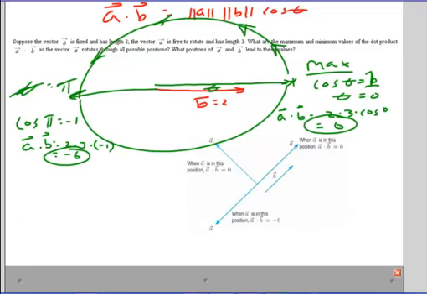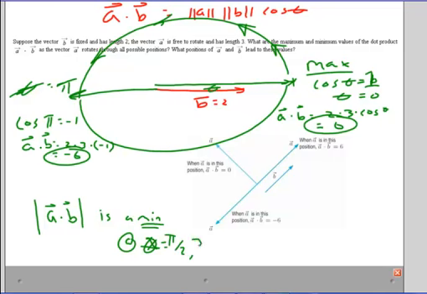And if we're thinking about the absolute value of the dot product, so the absolute value of a dot b, it's a min at theta equals pi over 2 and 3 pi over 2, because at that point cosine of pi over 2 and 3 pi over 2 is 0.